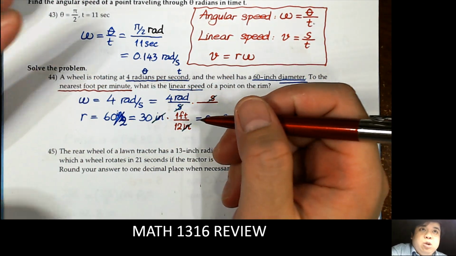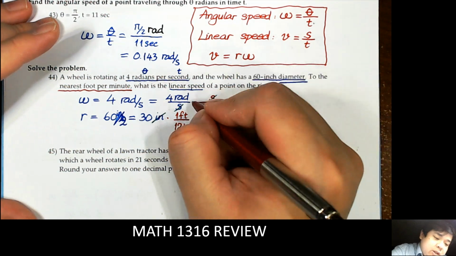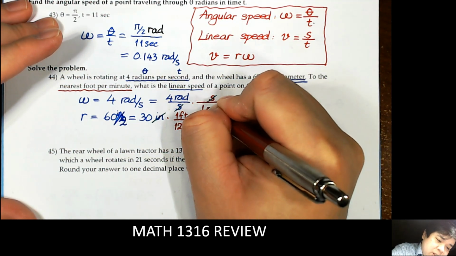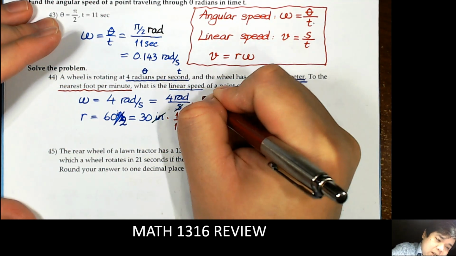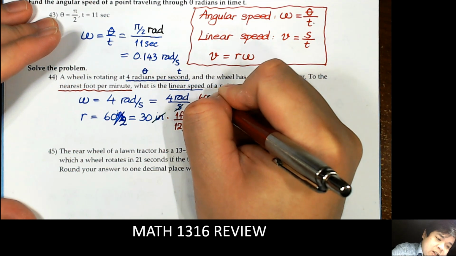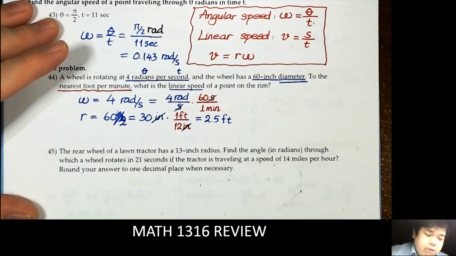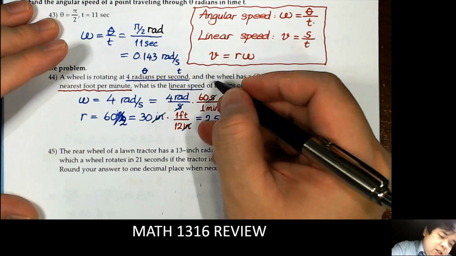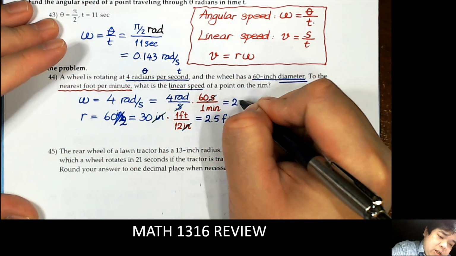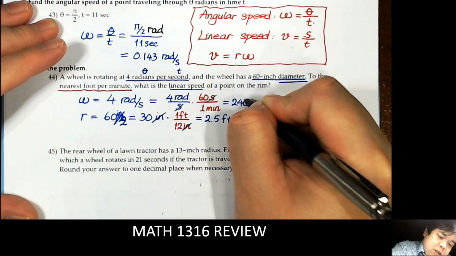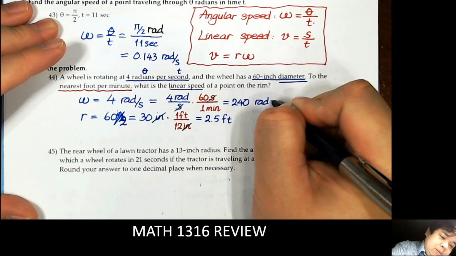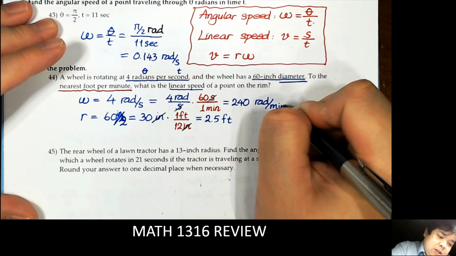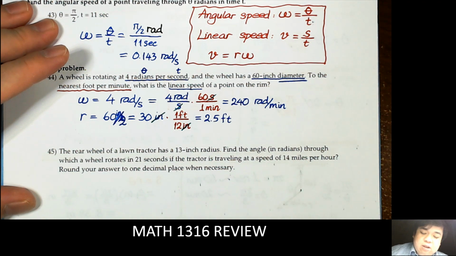And the relation between the second and the minute, of course, 1 minute is 60 seconds. So the second cancels out. 4 times 60, so that is 240 radian per minute. And finally, they ask for the linear speed.